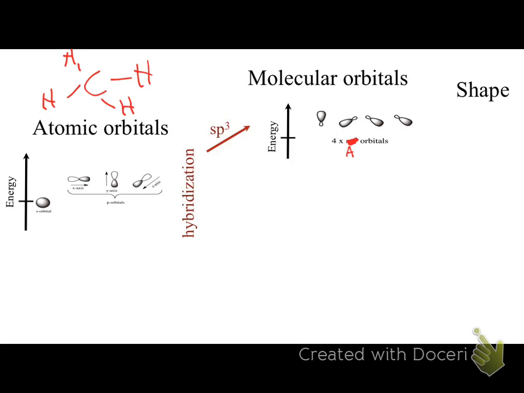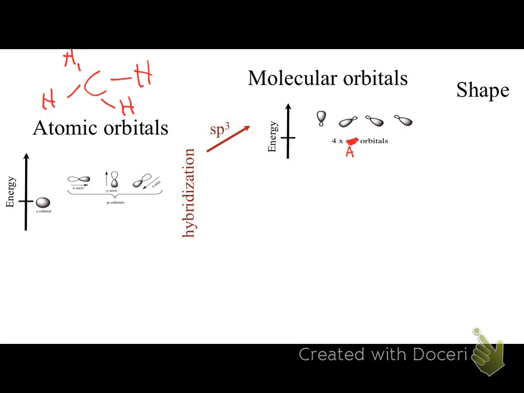So if I start with 4 orbitals, I need to end with 4 orbitals. So what somebody did is say, if I have to have 4, I'm going to take all 4, mash them all together, treat them like Play-Doh, and make 4 new 100% equivalent orbitals. And that's what they did.